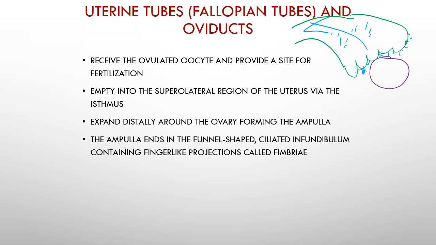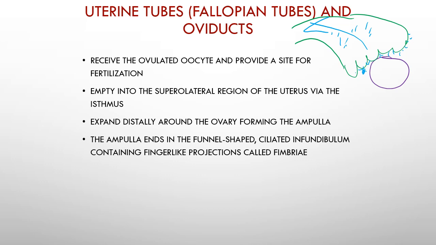The uterine tube itself is divided into different portions depending upon where we're at. The fimbria are the little finger-like projections at the very end, and again, those are ciliated. We then move into the infundibulum, kind of like a funnel, moving into the ampulla.